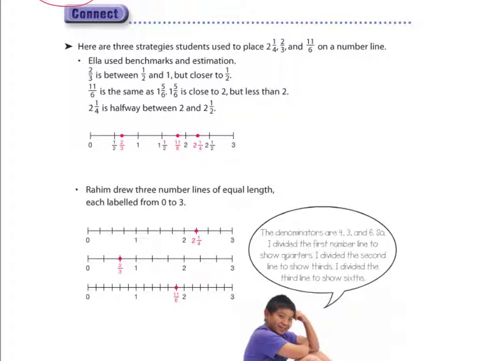Well, if we have 6, 2 groups of 6 is 12, so that's really close to 2. 2 1/4 is going to be between 2 and 2.5. So now she can compare and say, well, 2 1/4 is largest, 11/6 is in the middle, and 2/3 is smallest.